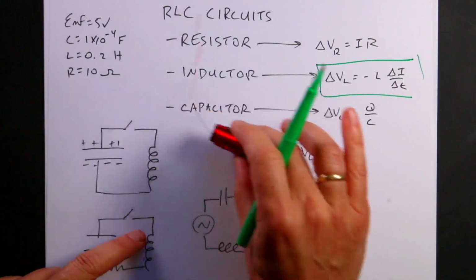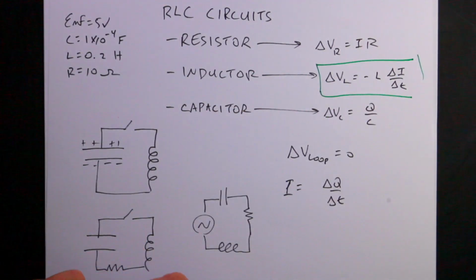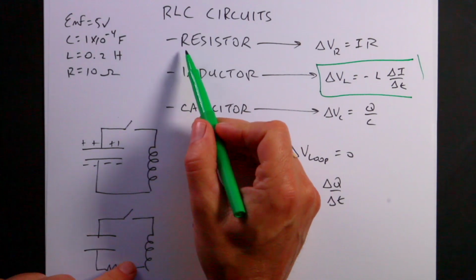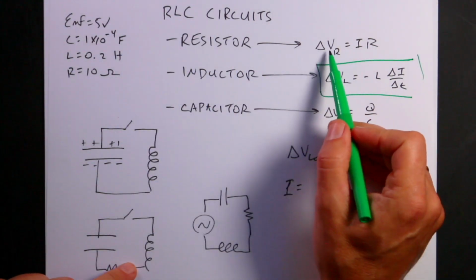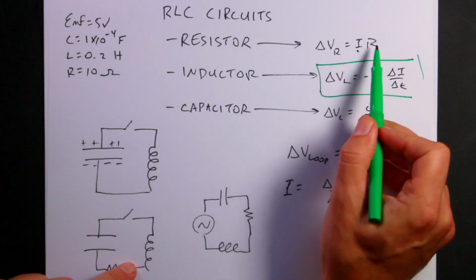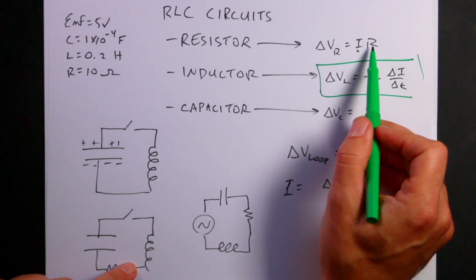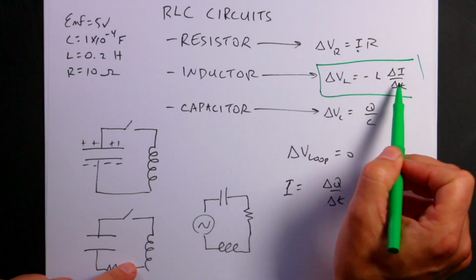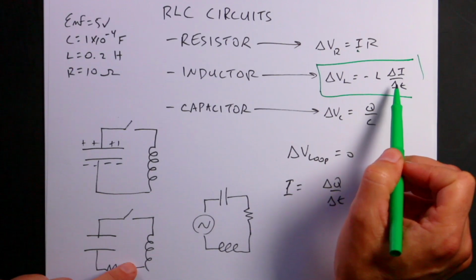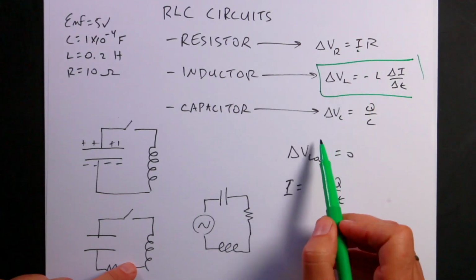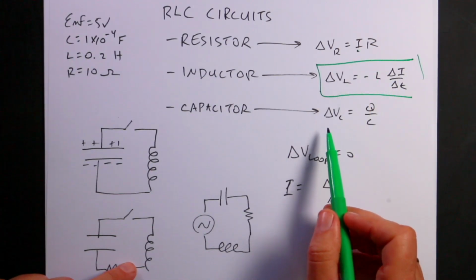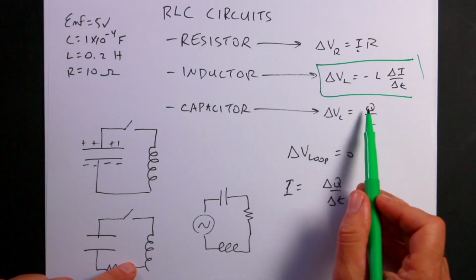Okay, so let's just review the other elements that we're going to be looking at. A resistor has a potential difference across it of the current multiplied by the resistance. That's important. And so here you see we have one that depends on the change in current. This one depends on the current. And then finally we have a capacitor, whose voltage depends on the amount of charge.